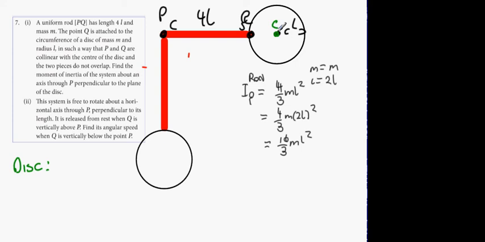C for the center of this disc. Now the disc, if it was spinning around its center, it would be 1/2 ml squared. But we're not looking for it to spin around its center, we're looking for it to spin around axis P. Okay? Axis through P, perpendicular to the plane of the disc. That's what we're looking for, an axis through P.